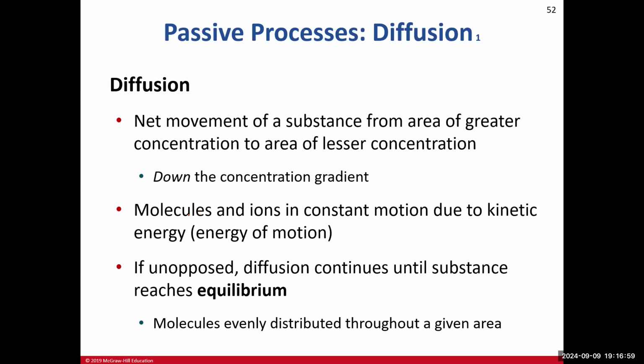So we're going to be referring to molecules and ions, and they're going to be doing the moving. And so a lot of these molecules, as you know if you've taken chemistry, are not stationary unless you're frozen. But usually when molecules move around, they're going to be generating kinetic energy.